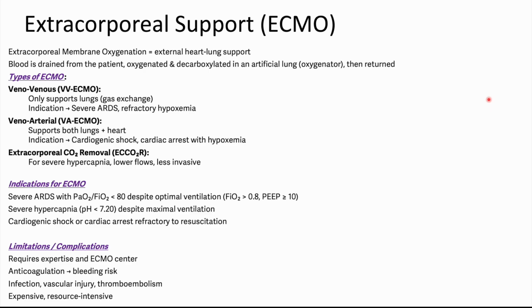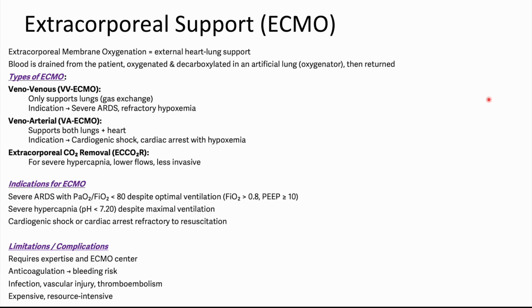Venovenous ECMO supports the lung only and is used in severe ARDS. Veno-arterial ECMO supports both the lungs and heart and is used in cardiogenic shock or cardiac arrest. And there is also extracorporeal carbon dioxide removal for refractory hypercapnia.